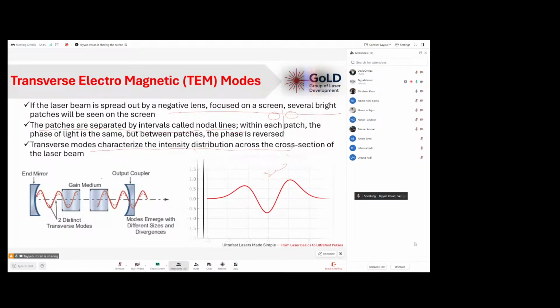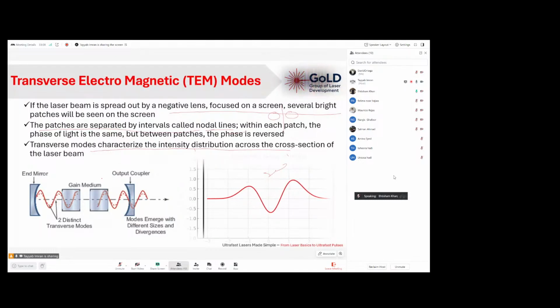Excuse me, sir. When you tell us about the TEM mode, it has two integers. I think they represent the theta and r direction of the cylinder, and the z direction is missing, which means it's a transverse mode.